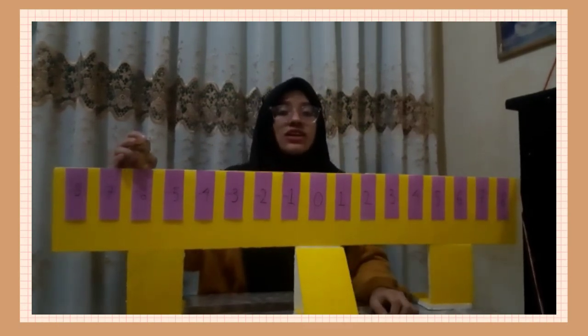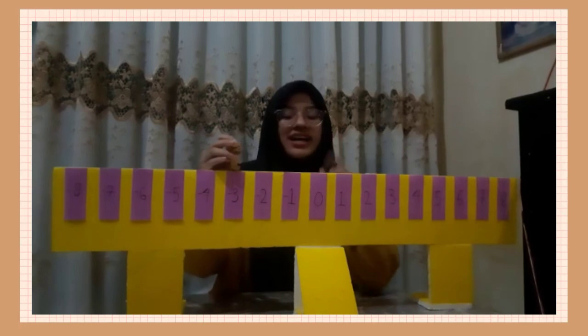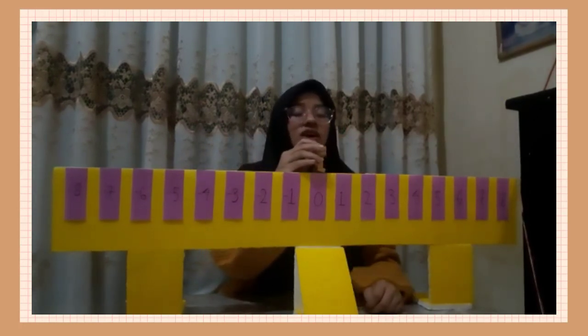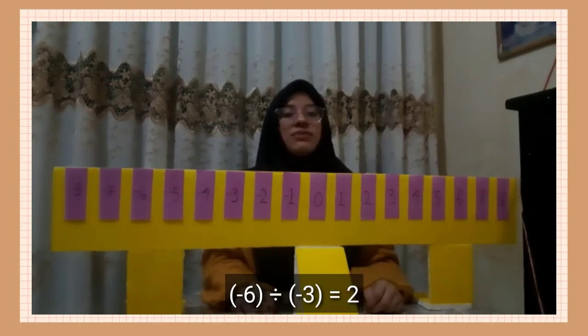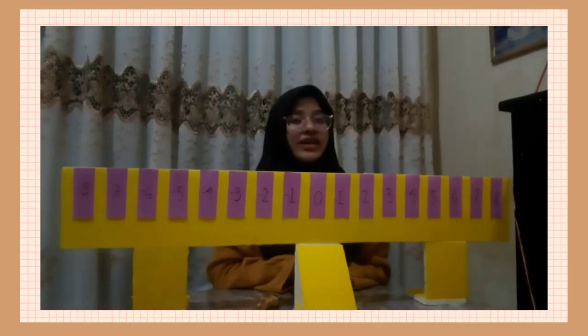To lead to 0, it takes 2 forward jumps, where each jump consists of 3 steps. 1, 2, 3, 1 jump, 1, 2, 3, 2 jumps. Since it consists of 2 forward jumps, the quotient of negative 6 divided by negative 3 is equal to positive 2. Okay, that's all of my presenting video.